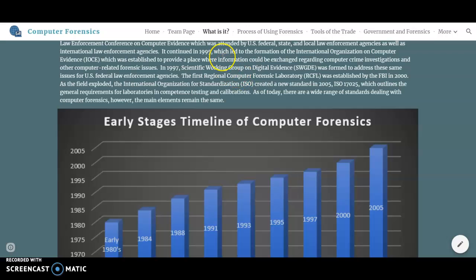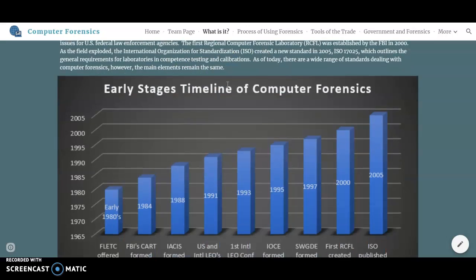And then when they started doing forensic laboratories, the ISO, or the International Organization for Standardization, developed an actual process and procedure, or a new standard, for what the general requirements were for the laboratories, and the general requirements for testing and calibrations of the machines that they were using, how they were doing their processes and their investigations and their examinations.